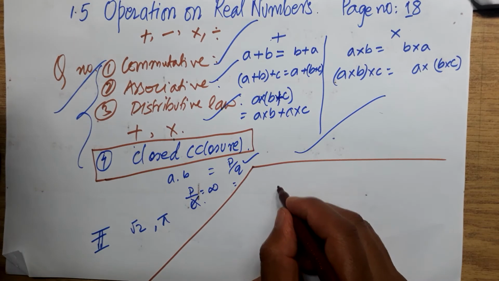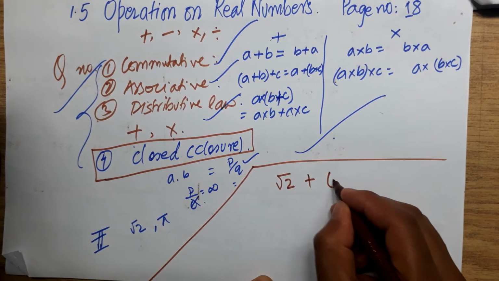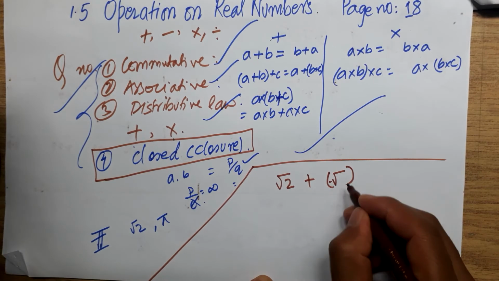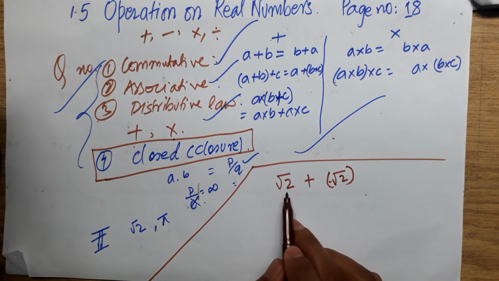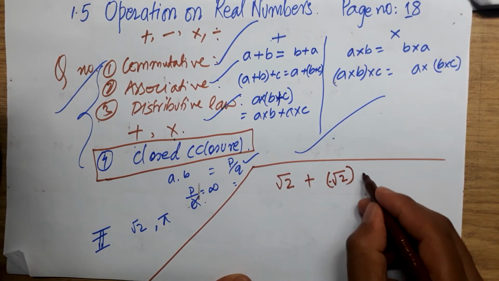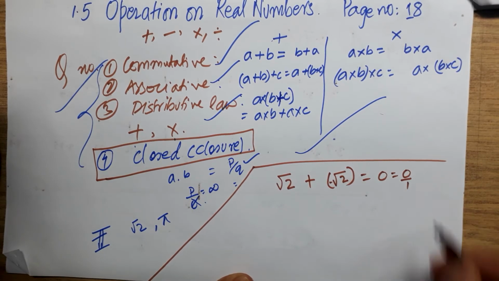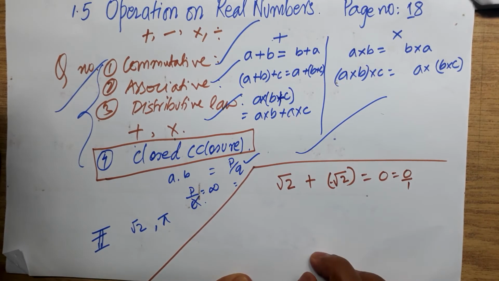Example, when we add two irrational numbers, root 2 plus minus root 2, because root 2 is one irrational number, minus root 2 is another irrational number. When we add them, we get 0. But 0 can be expressed as 0 by 1. Hence, this is not an irrational number.